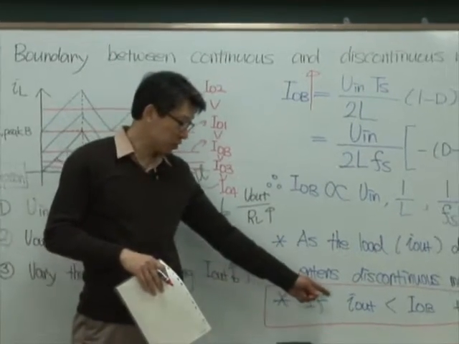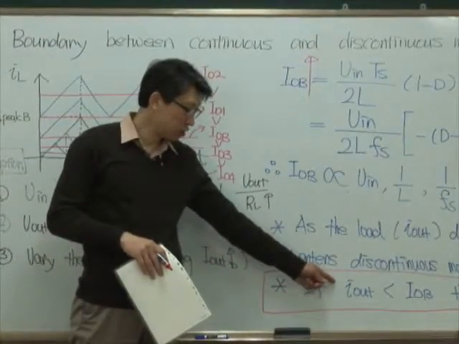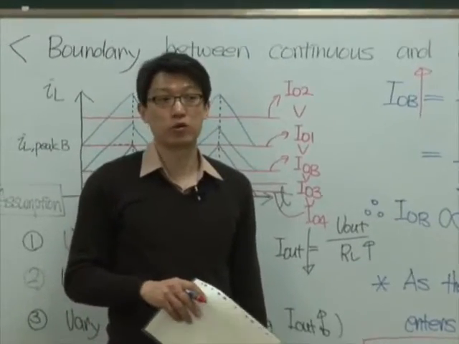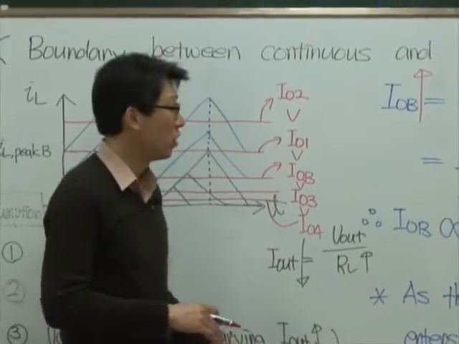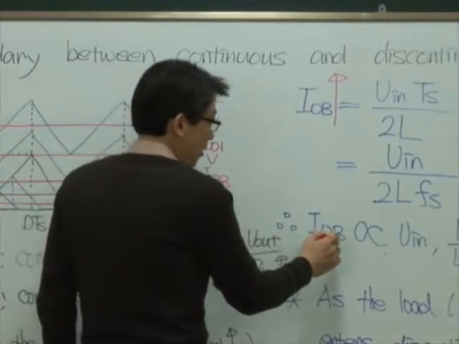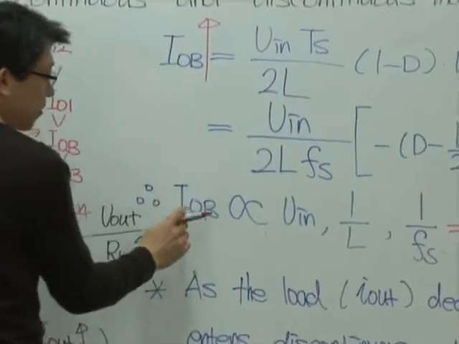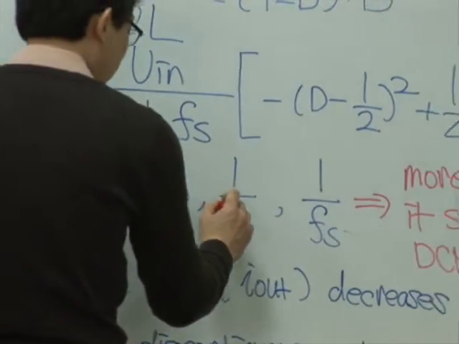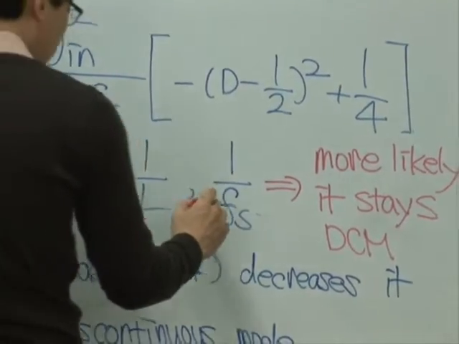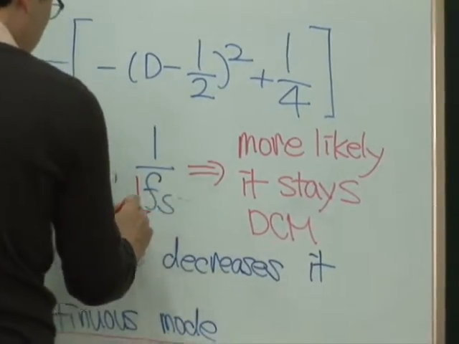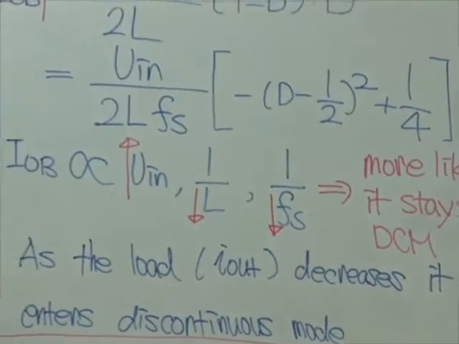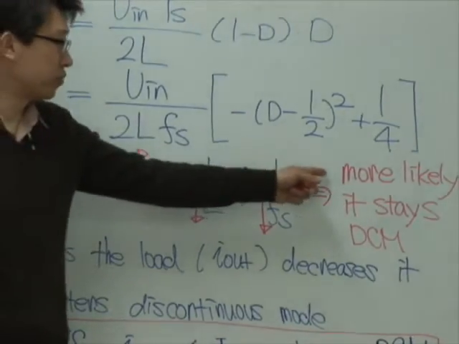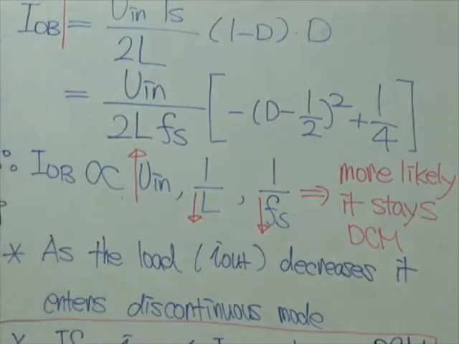IOB 값이 크면 웬만한 로드 커런트에서는 거의 다 우리가 DCM이 되겠죠. 예? 그렇게 한번 돼 보자고 하자는 거예요. 그러면 어떻게 해야 되죠? If we want to increase IOB, then we have to increase input voltage, or we have to decrease inductance, and we have to decrease the switching frequency. Then it's more probable to stay in DCM. Okay?